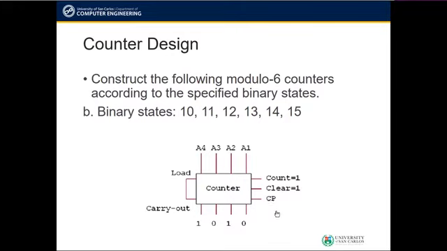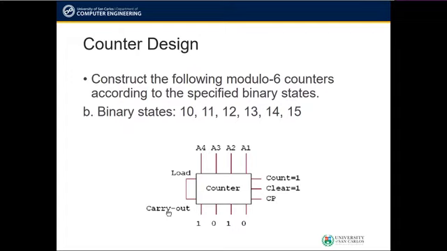However, remember earlier that it was mentioned that during the count overflow or when the count transitions from 1111 or binary 15 back to 0000 or binary 0, in between those counts, the carry out output becomes 1 from its usual output, which is 0.